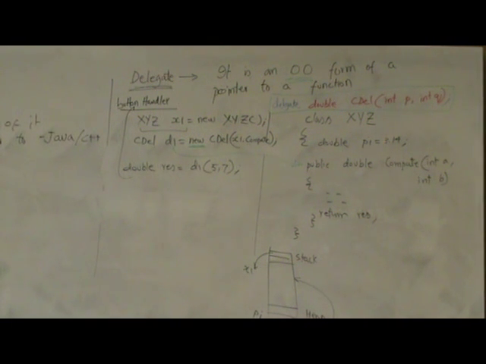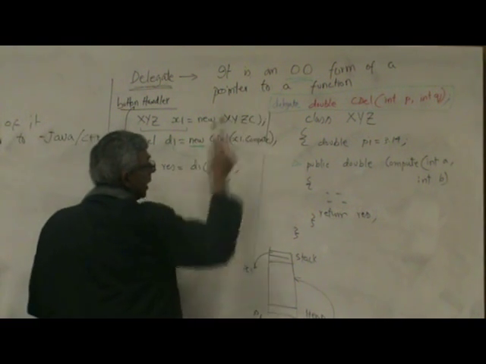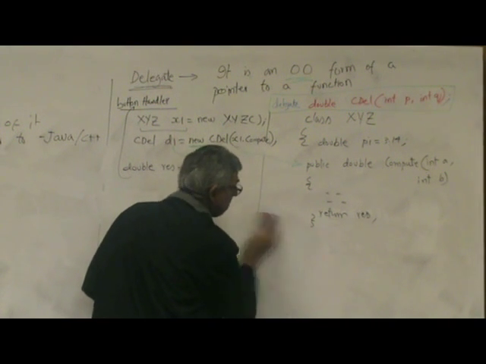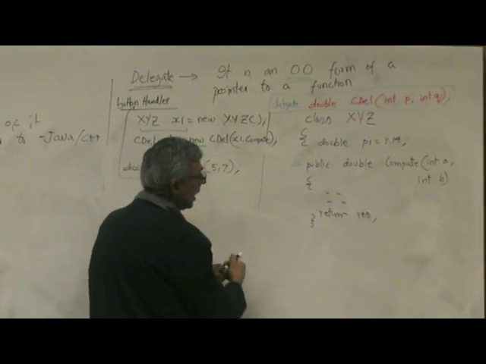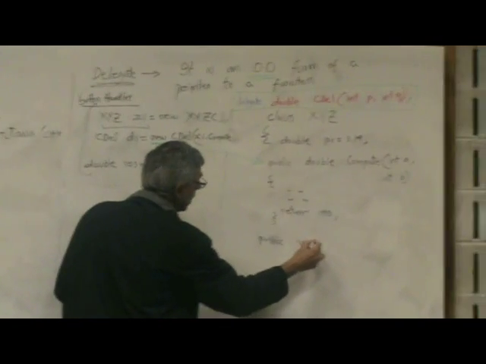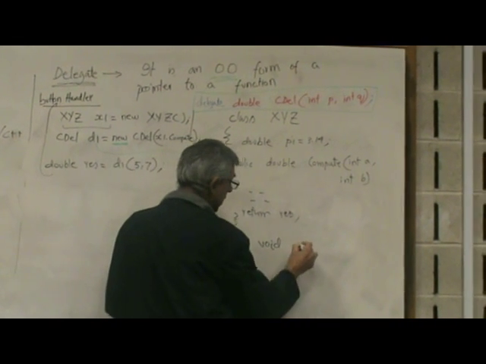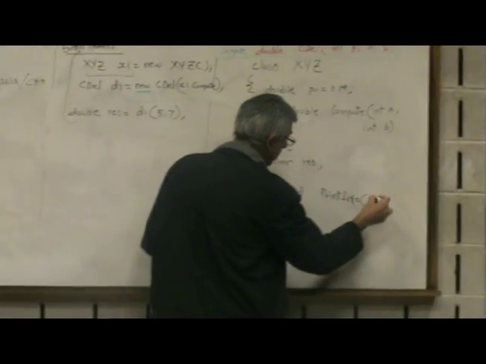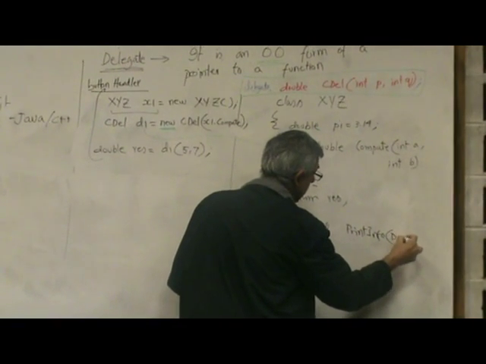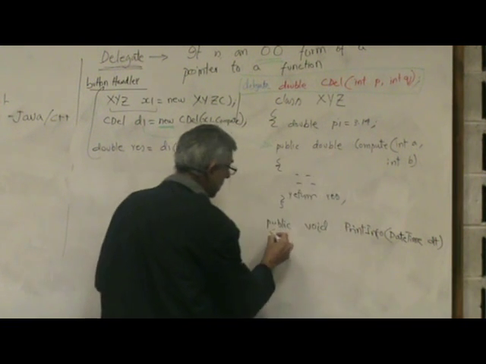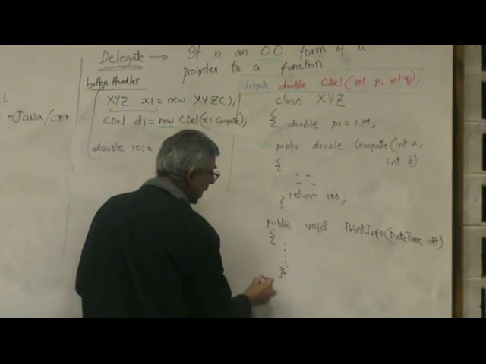So second concept, after learning how to declare a delegate, by the way, let's pick another example. Let's suppose inside this class we have one more function, public void, let's say print info, taking DateTime dt. DateTime is a pre-built class, right?